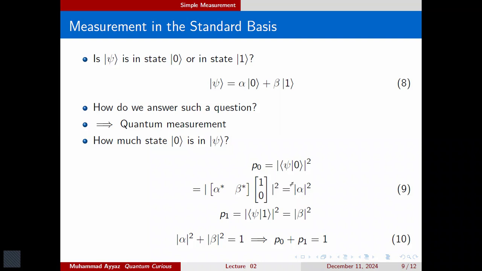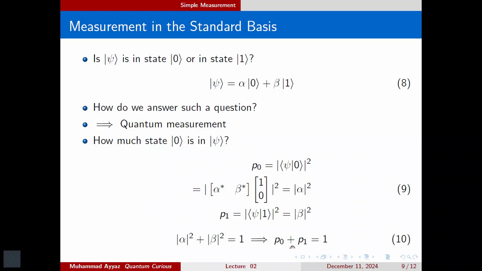And similarly, we could get the probability of getting outcome 1, and it is just the modulus square of the complex amplitude associated with the state vector 1. So it gives us a nice interpretation of these complex amplitudes as probabilities in our physical interpretation.